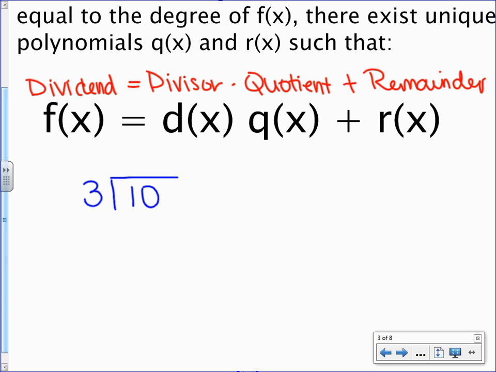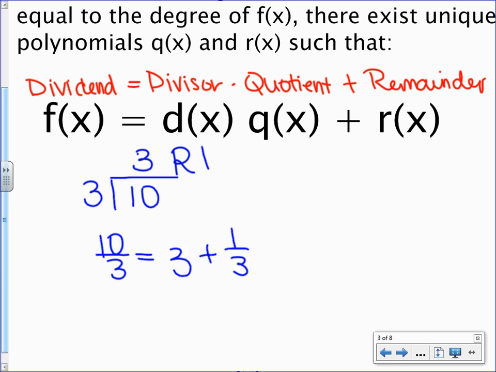What is our quotient? How many times does 3 go into 10? 3, with a remainder of 1, right? Okay. So what this means is we have 10 divided by 3 equals 3 plus our remainder of 1, which we always put over the divisor, right?